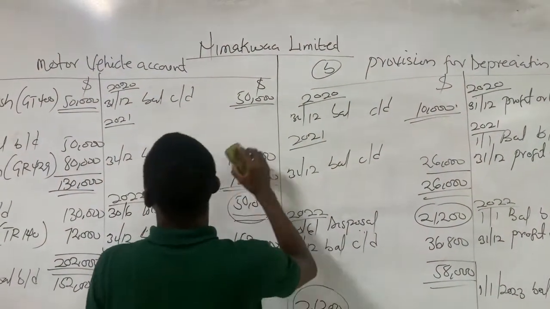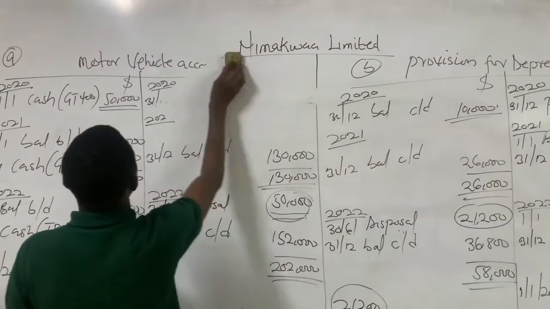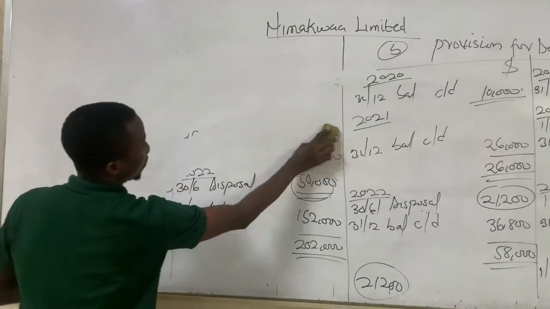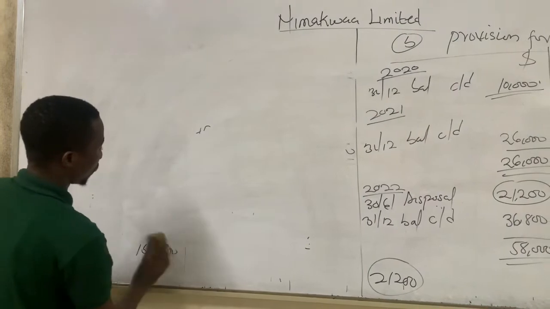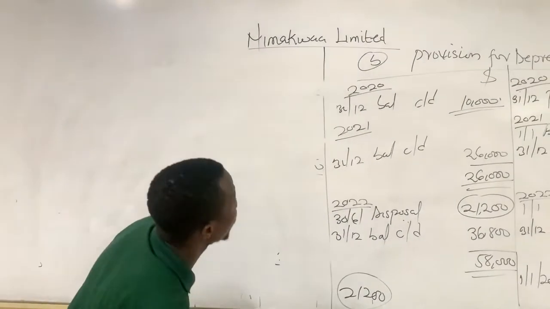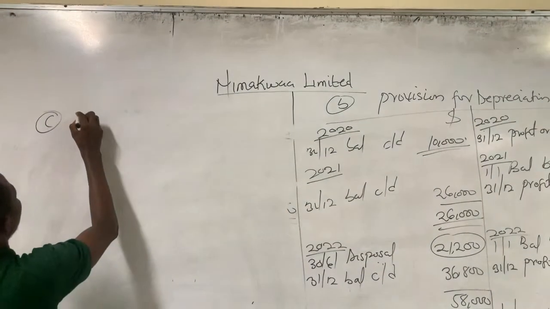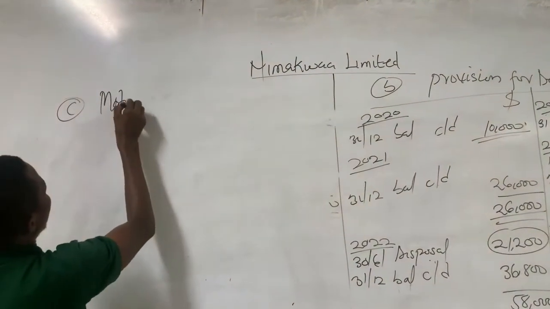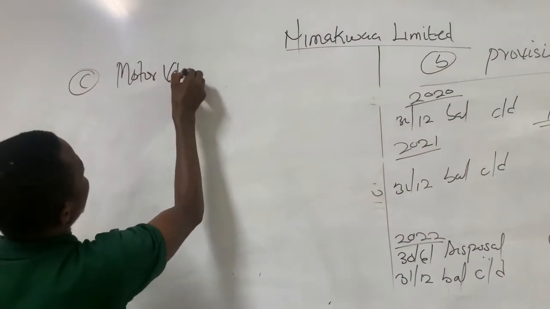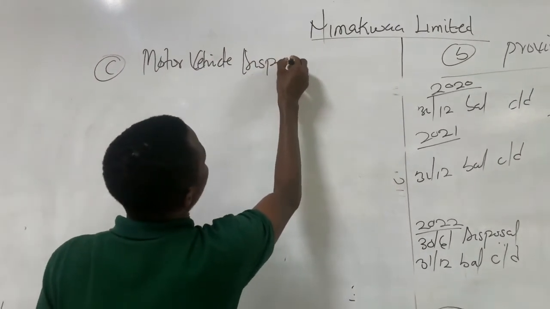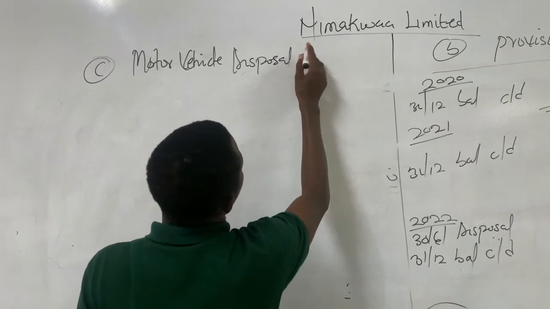So let me clean one pass so that we can make that entry very simple. Is that okay? So I wish to clear the motor vehicle account. So we are moving to the requirement C. That is motor vehicle disposal account.